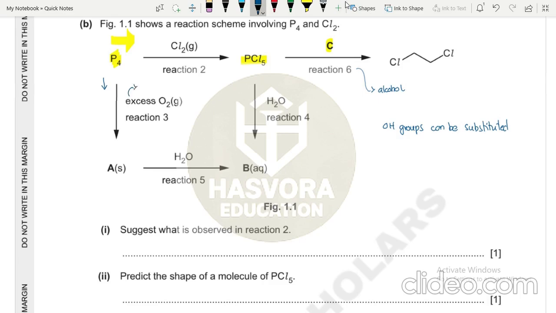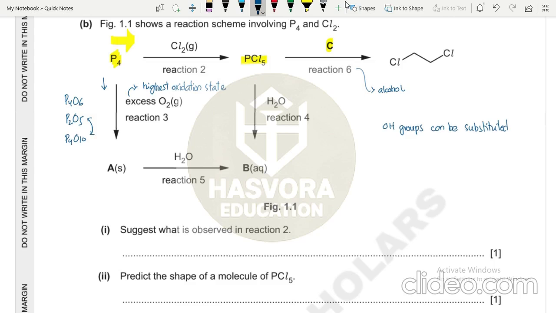So this gives you the clue: highest oxidation state. We know that there are two oxides of phosphorus. One is P4O6 and the other is P2O5, or you can also write P4O10.